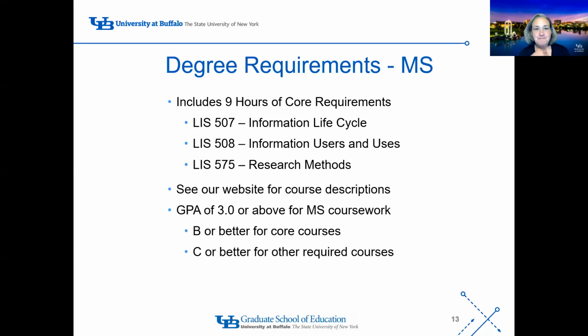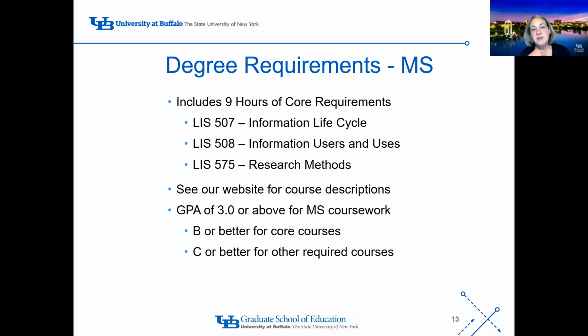Okay, next slide. So just like the MS in ILS, the school librarianship program contains the same 3 core courses: information life cycle, information users and uses, and research methods.